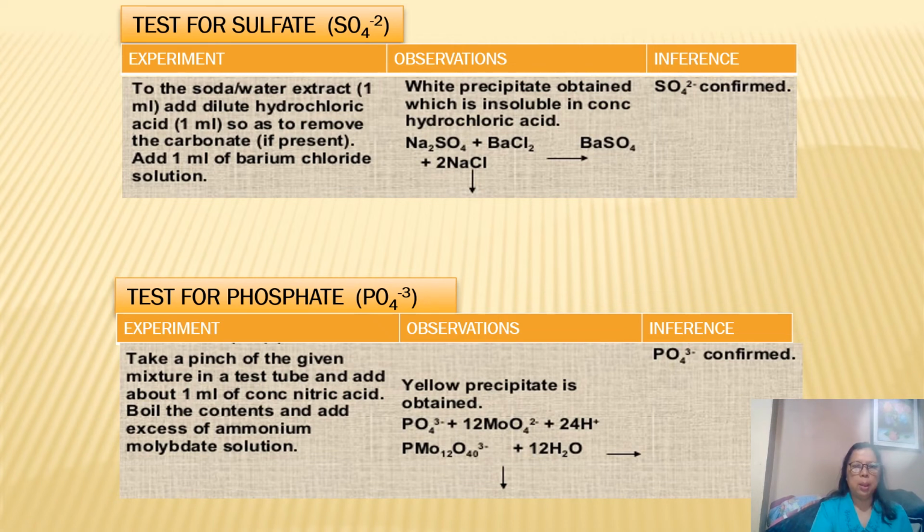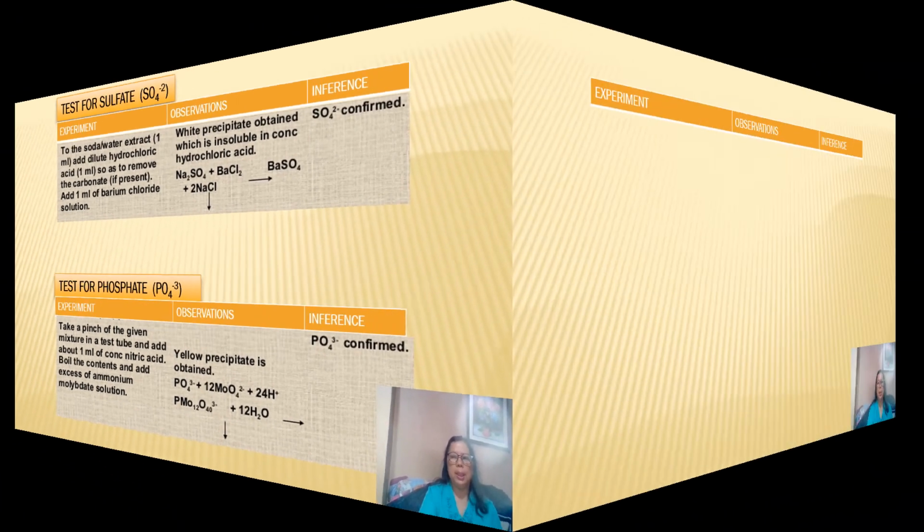In the case of sulfate, it is hydrochloric acid, whereas the others, it is sulfuric acid. And then if ammonium molybdate solution is added and then boiled, then the yellow precipitate is formed. And that test will confirm that phosphate is present.